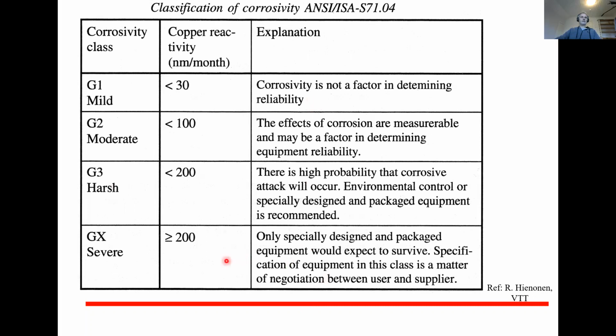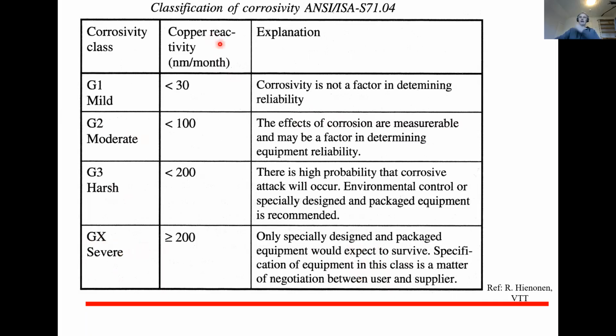On the other hand, if you end up having GX, the severe conditions, it states that yes, definitely you should do all possible actions to decrease or slow down the corrosion and moisture intake, because only products which are specifically designed to withstand these kind of conditions will survive. And these 2 are somewhere in between.